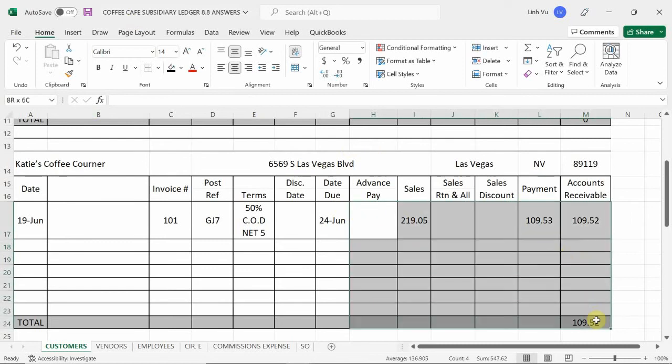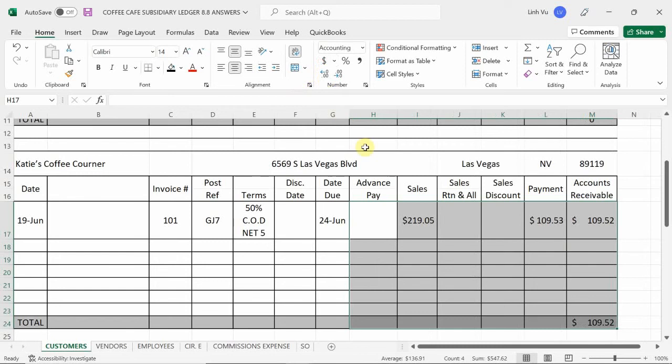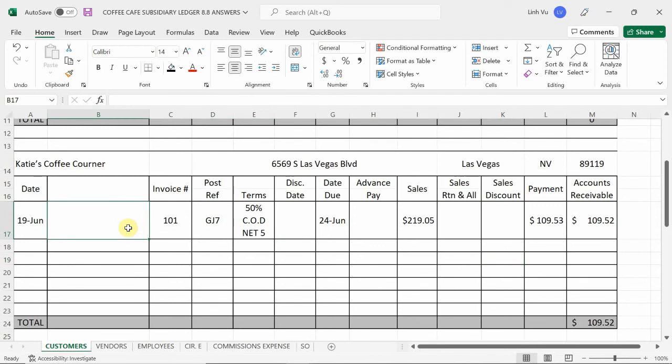Now, can I put in the notes what her proof of payment was? Yes.